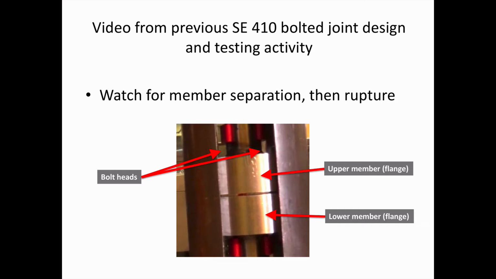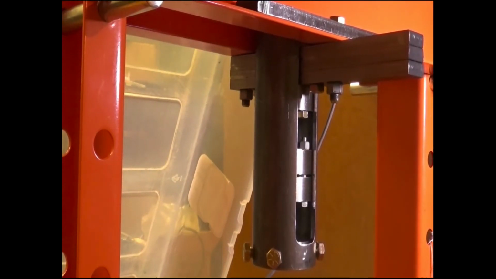The arrows there point to some bolt heads. There are several bolts around in a circle. It's a little bit hard to see, but I want to at least describe it before we look at the video. So we apply an external tensile load, and we can measure the elongation and measure the force as we apply an increasing load. Okay, let's see what happens.